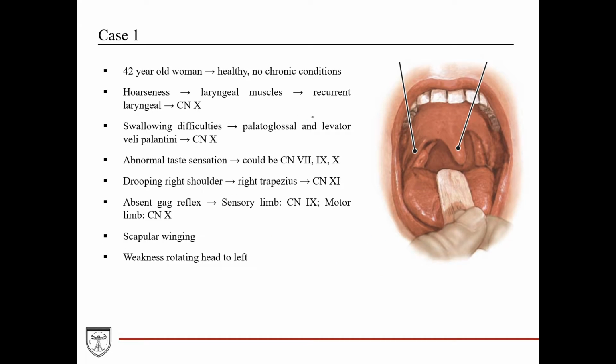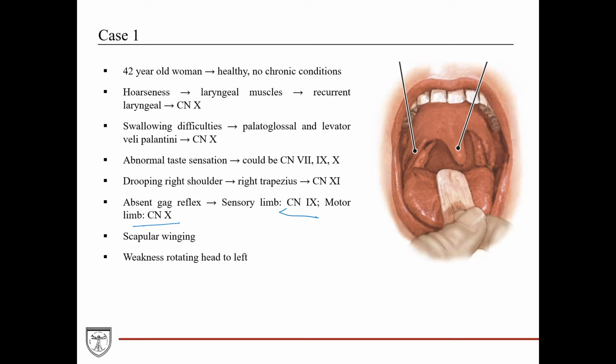So the sensory limb is the glossopharyngeal nerve, which makes sense because it does a lot of not just taste but general sensation of the posterior tongue and of the oropharynx as well. And then the motor is going to be cranial nerve 10 because it innervates a lot of those oropharyngeal muscles. So that's going to be your gag reflex.